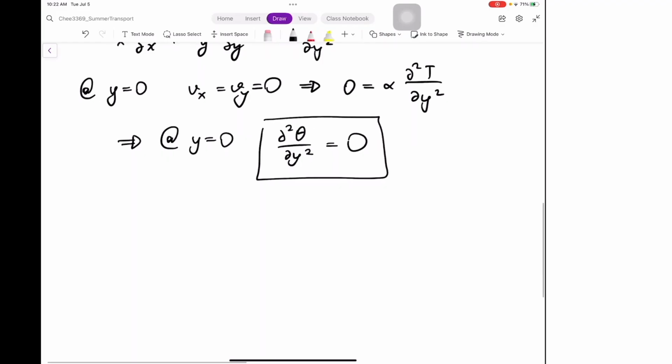Okay, and if you realize, these are exactly the same boundary conditions as those when we solved for the solution to the von Karman equation, right?